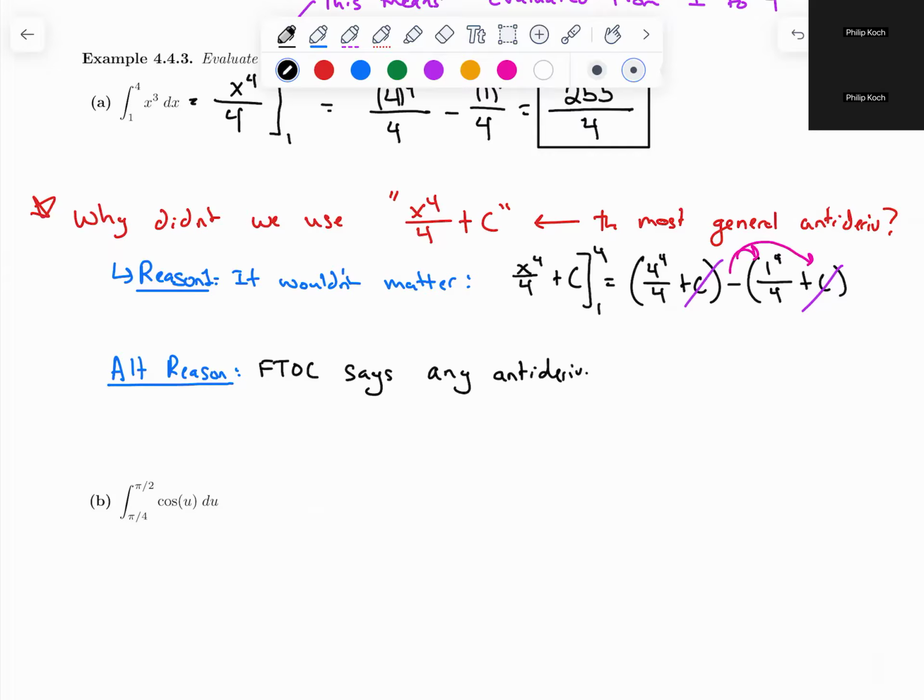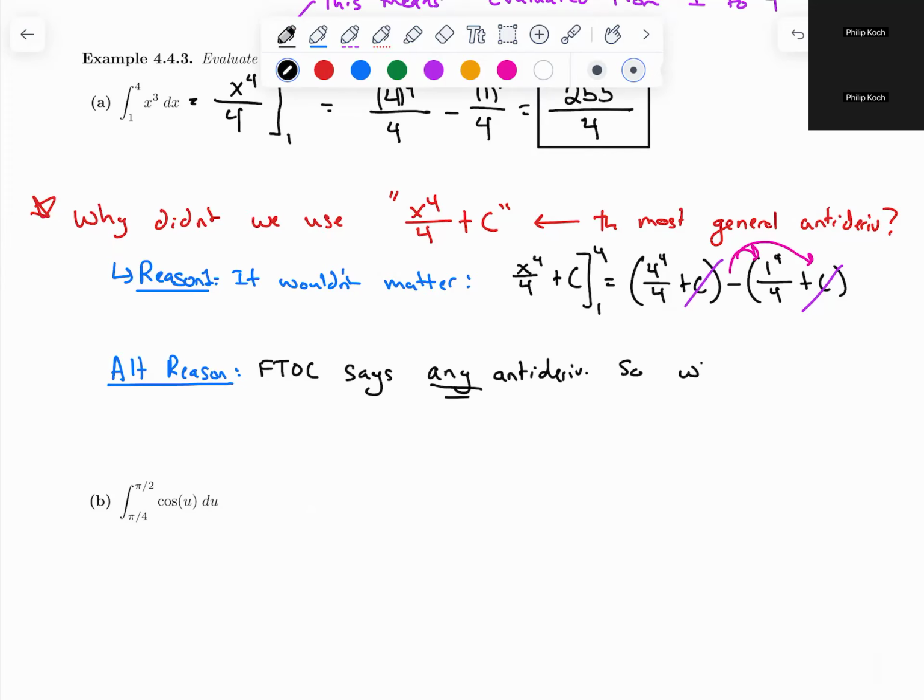So it doesn't matter which antiderivative you use. Any antiderivative will always give the same result, whether you use a constant capital C, or one that has a constant of pi, or a constant of 1, every single time it's just going to cancel out. So it says any antiderivative.